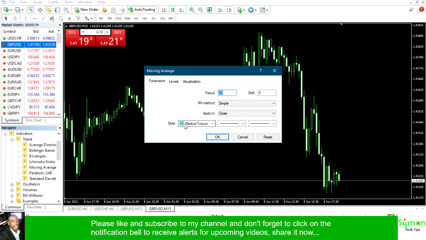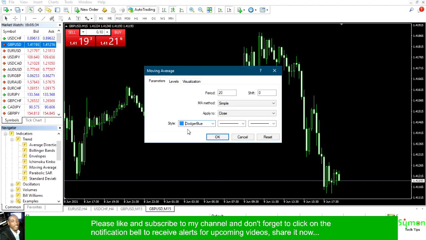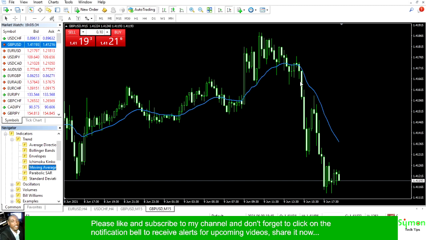Okay, and we're going to use this color, medium turquoise, or let me find a deeper color, doger blue. Okay, so we change the MA method to exponential, 20 period, and we can change the thickness of the moving average to make it visible. So this is the first moving average we have on the chart.